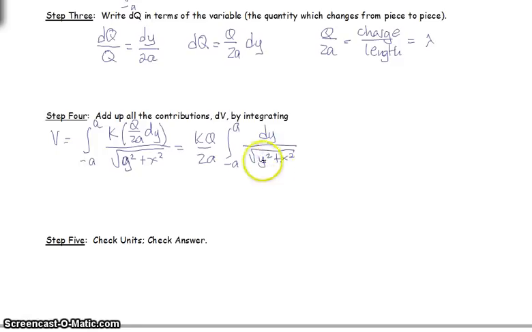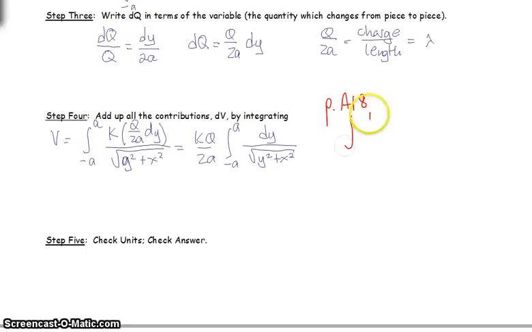So this is not a real easy integral. If you're in your math class, your calculus class, your calculus teacher would show you how to integrate this, probably by trig substitution. But here in physics, we look things up in a book. We look things up in a table of integrals. So on page A18 in your textbook, you will find the following.